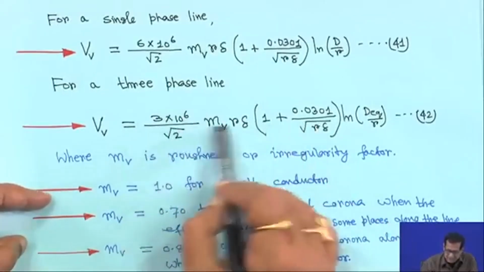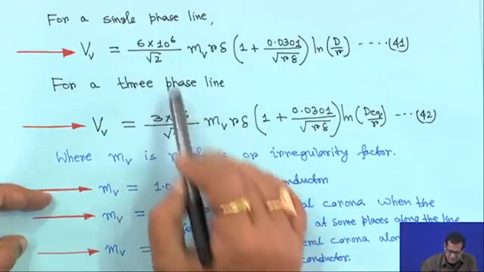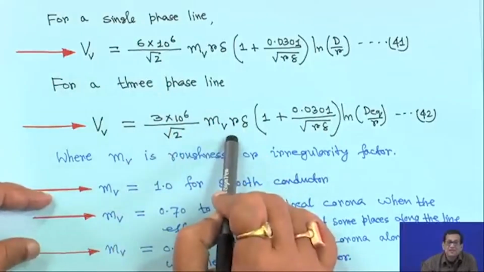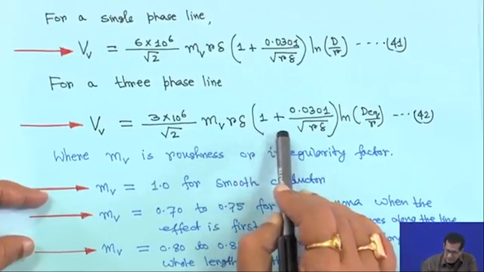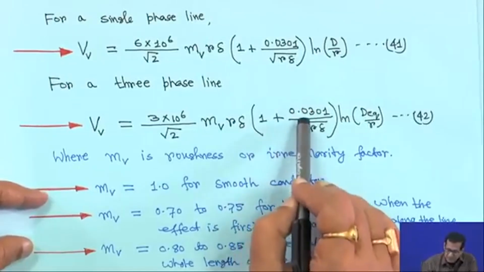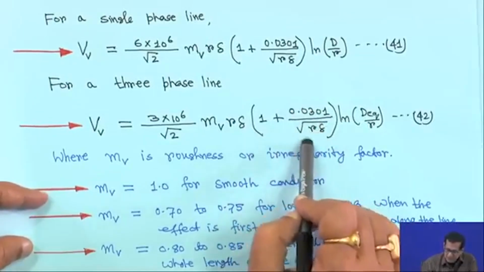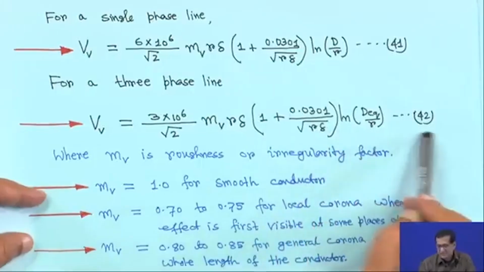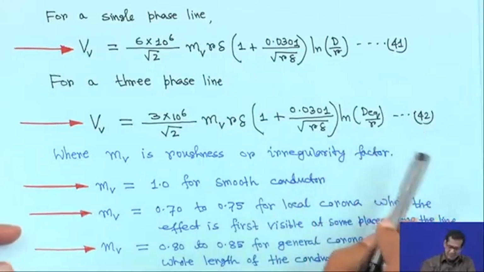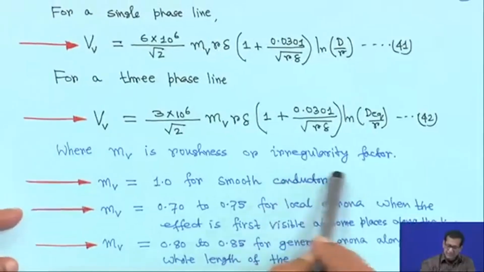Only this term is changing, instead of 6 here it is 3, the rest are the same. This is equation 42, where mv is the roughness or irregularity factor.